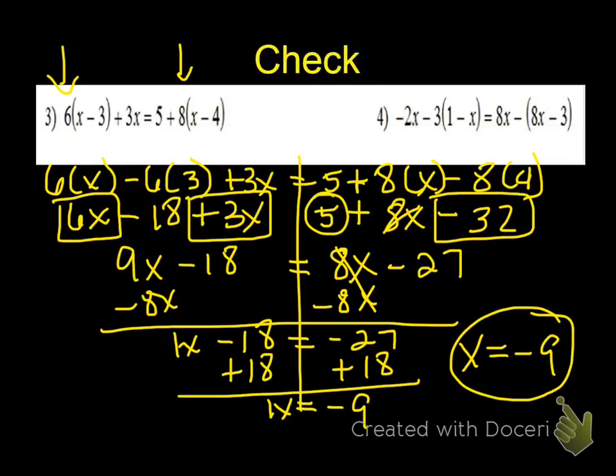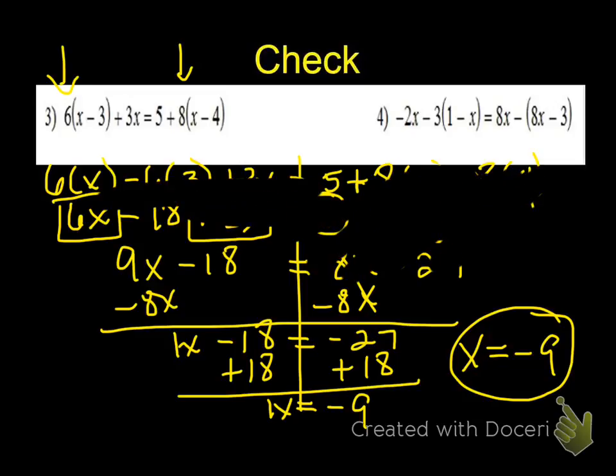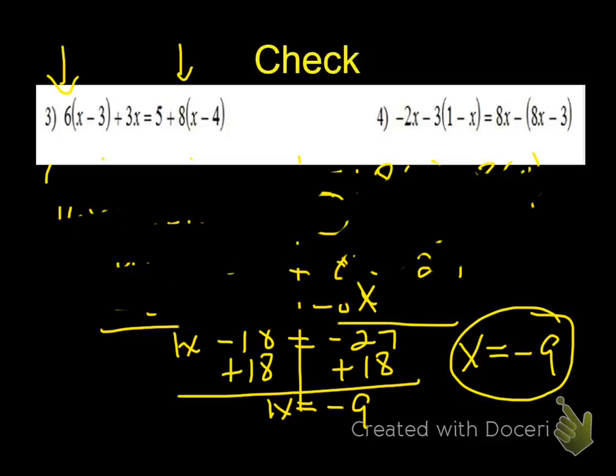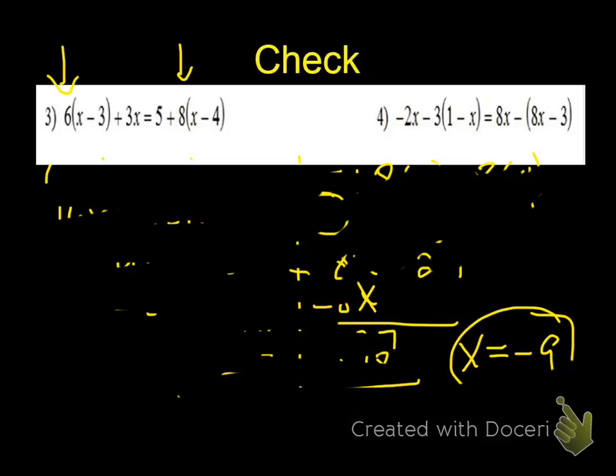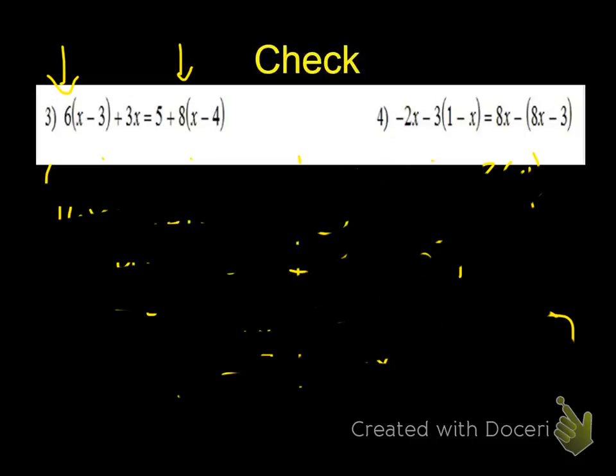We'll go ahead and we'll do number 4. Number 4, I can see we're also going to have to distribute here and here.